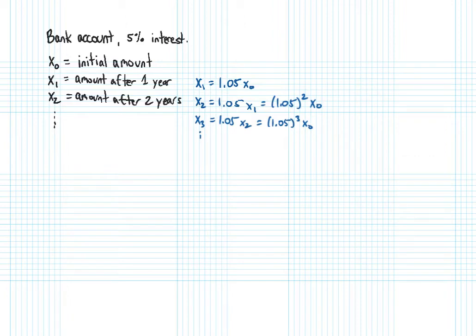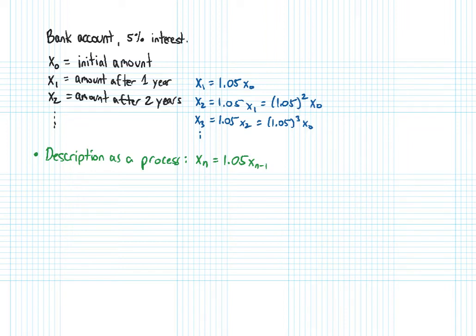What I want to draw your attention to is the fact that there are two different ways of talking about this system. The first way is to describe the system as a process, where at each year, the amount of money in the account is 1.05 times the amount that was in the account the year before. Xn is 1.05 times xn minus 1.